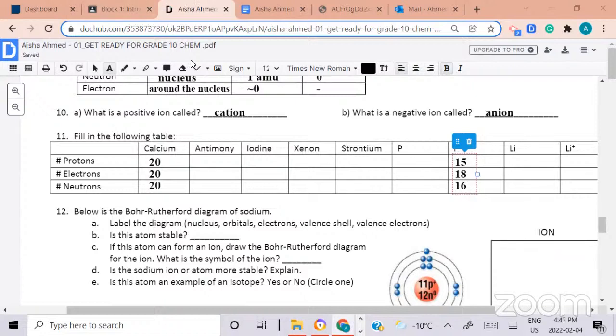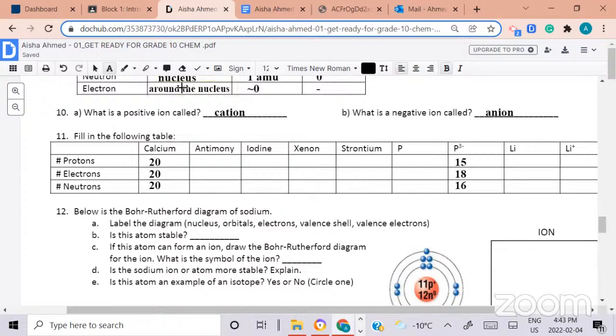If it's minus, that means gaining electrons, it's becoming more negative. If it's positive, it means it's losing electrons, so it gets more positive. I'll let you do that on your own time, and you can always check it.